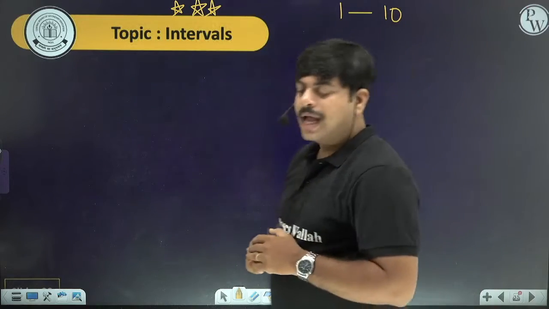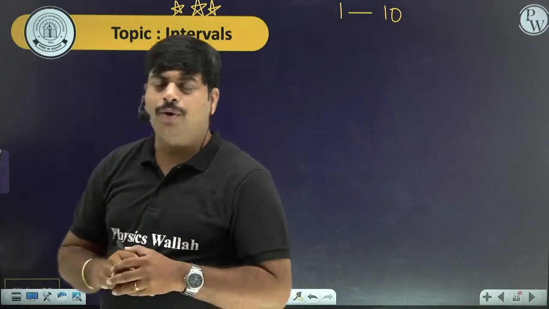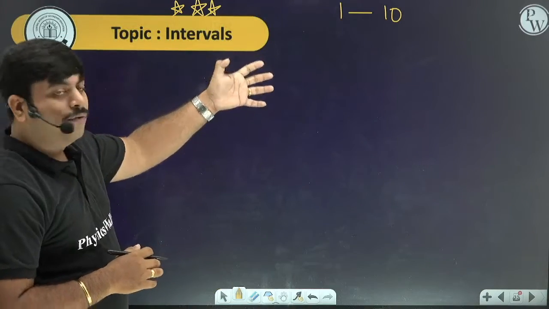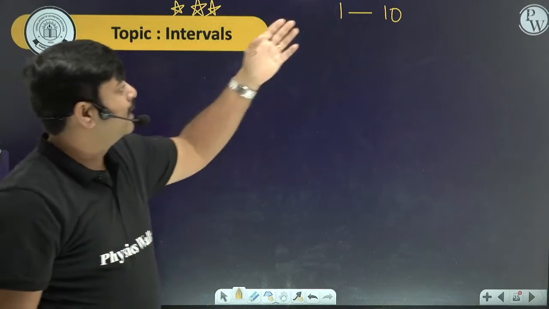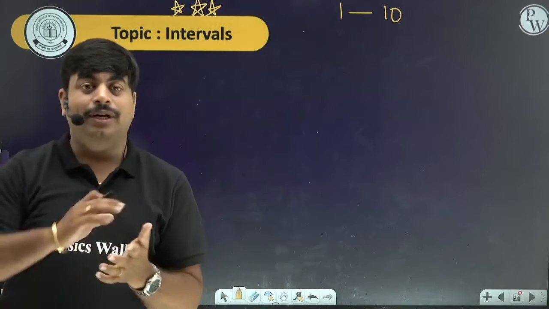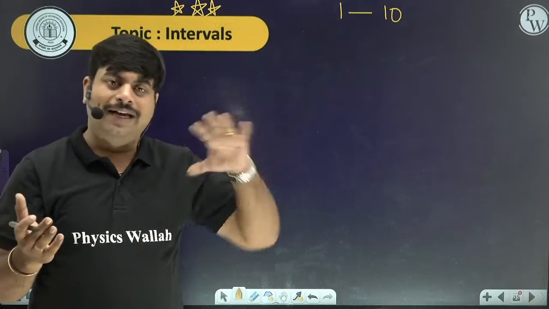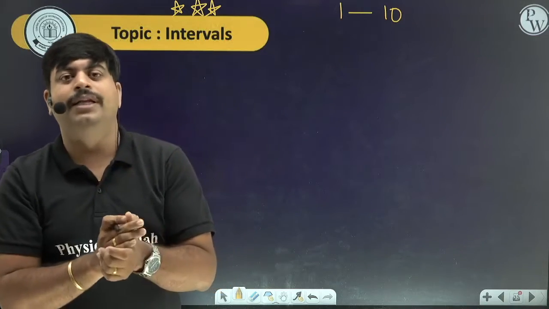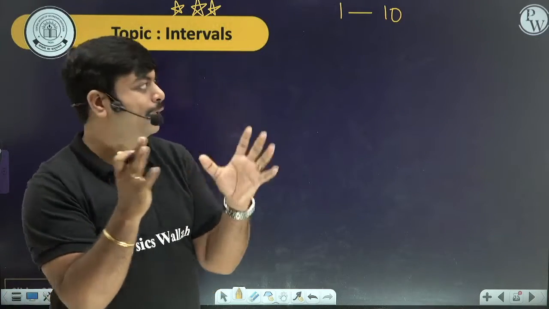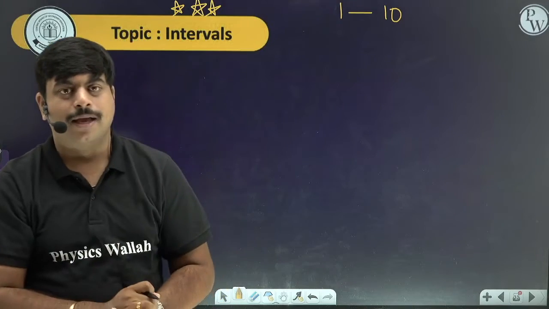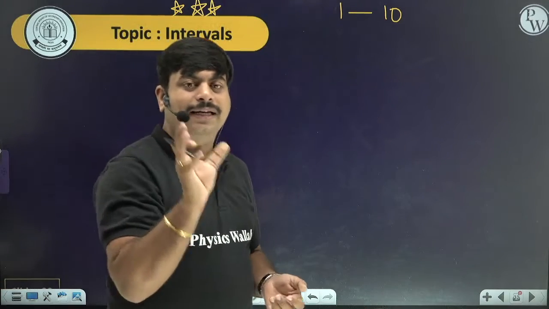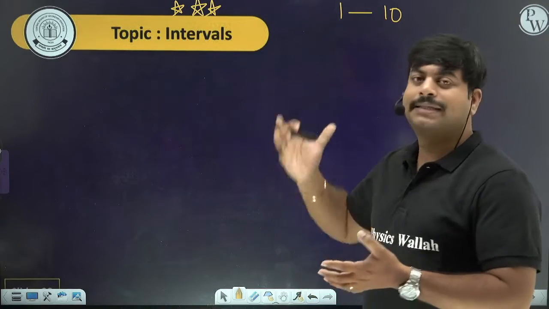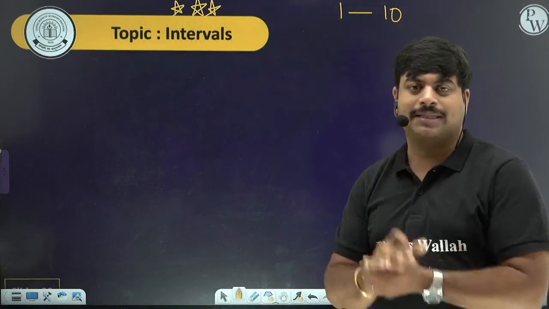I need to have more information: whether I can include 1 or whether I can include 10. 1 is included, 10 is not included; or 1 is not included, 10 is included. So there are different combinations when I want to represent some set of numbers. For particular ranges, particular cases, I need to represent them using intervals.